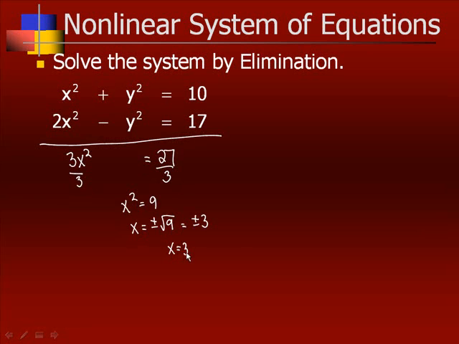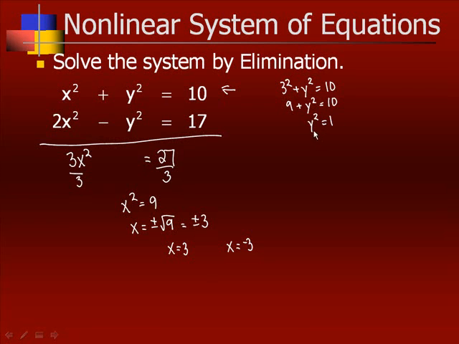Okay, now because there's two variables here, we know that x is 3 and x is negative 3. We've got to plug that in and get the y value. So we can go to either of the originals. We'll get the same answer whichever one we go to. So if we take x is 3 and plug it in the first one, we get 3 squared plus y squared equals 10. 9 plus y squared equals 10.